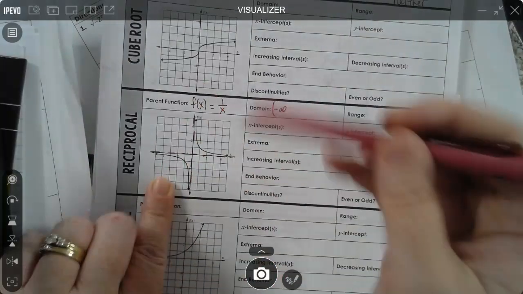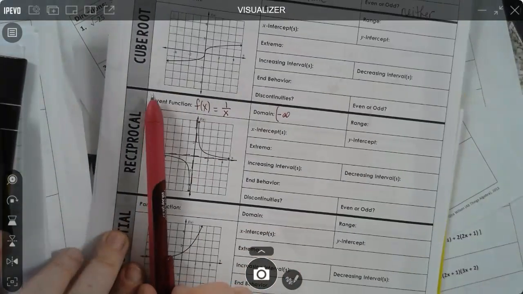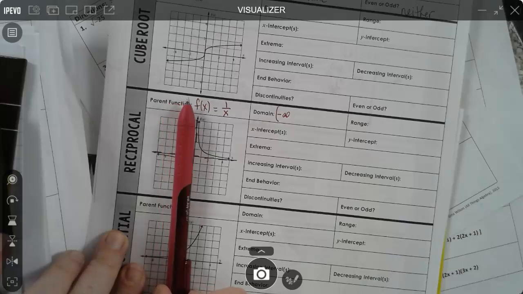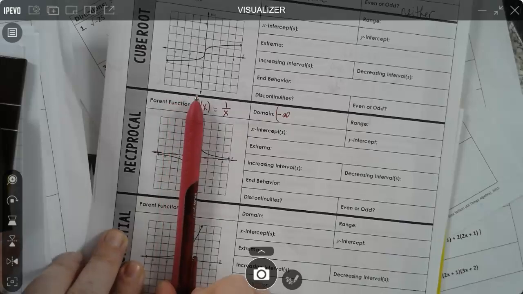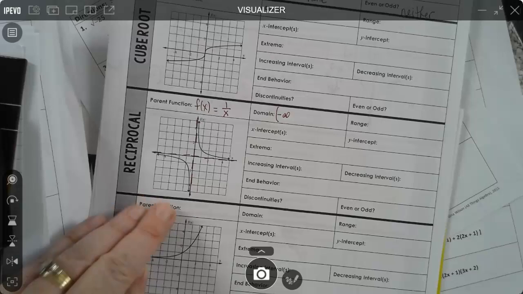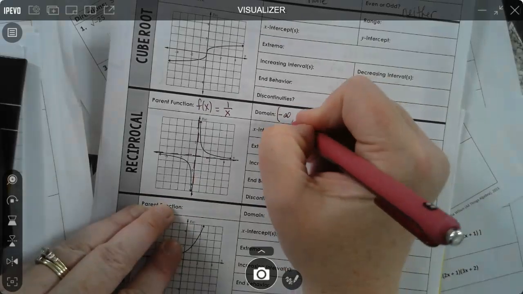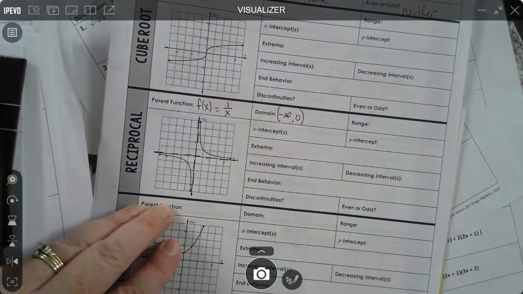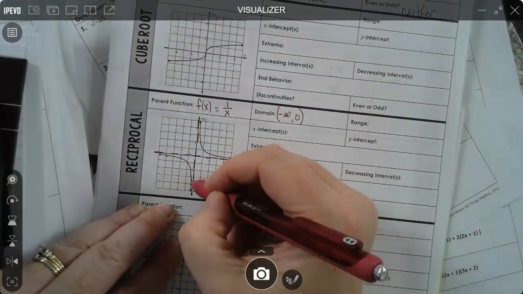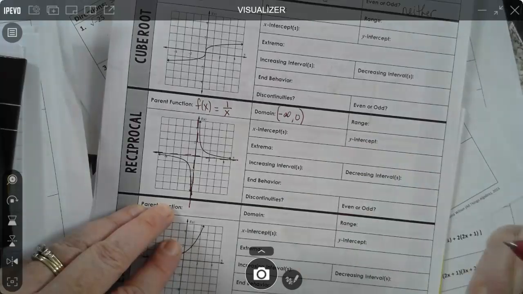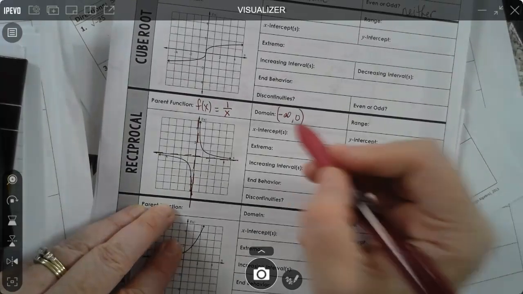And then remember, I'm taking my pen like this. As I go this way, up, roadblock, right? 0 is where that happens. It's going to be in parentheses because that's an asymptote. I can't be 0. I can hug it and get really, really close, but I can never actually be 0. So I put a parenthesis.